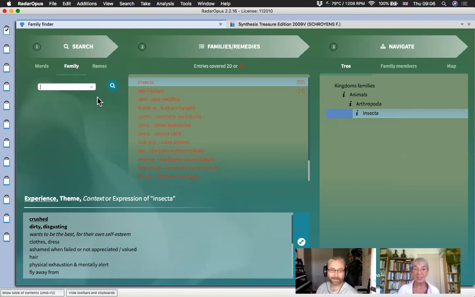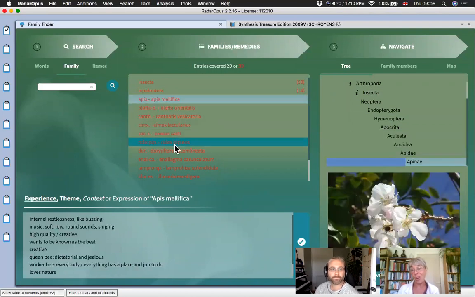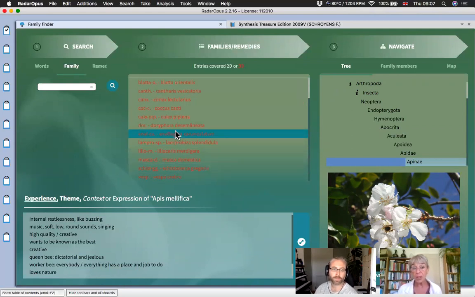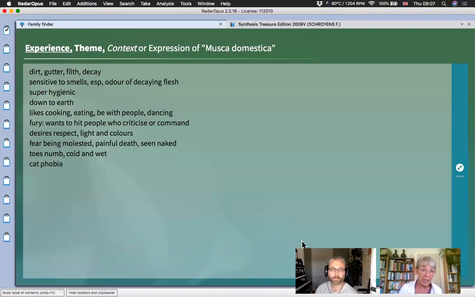But also good that you see Insecta on top, and then you see what insects are already in the Family Finder. Of course, not all insects, that speaks for itself. Then you can go to the family members, that's the members in Opus. So in the Family Finder is the list in the middle, and if it's not there, let's say, I don't know, Apis or something, or whatever other insect, you can just check.